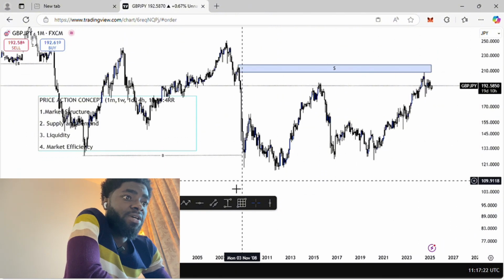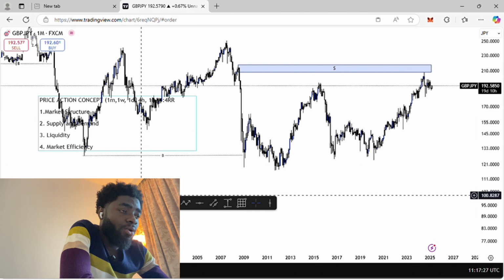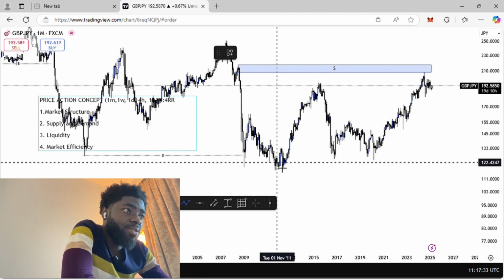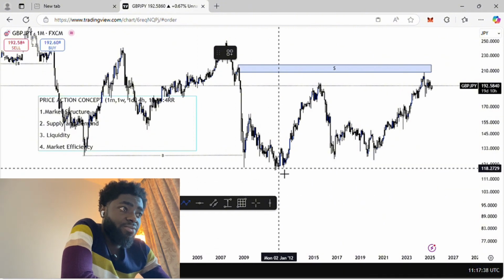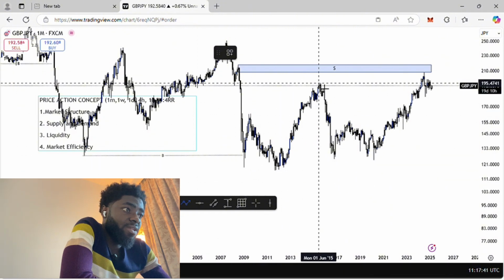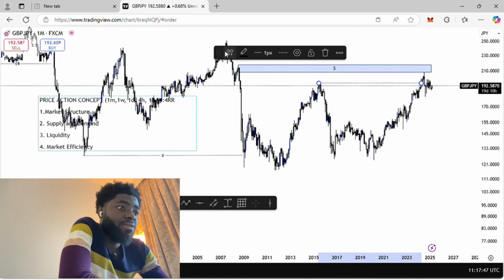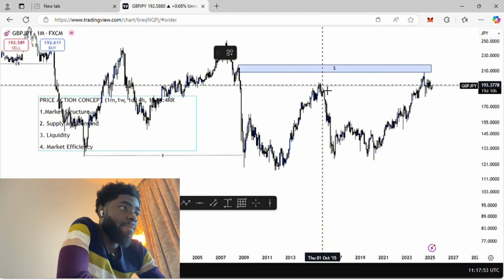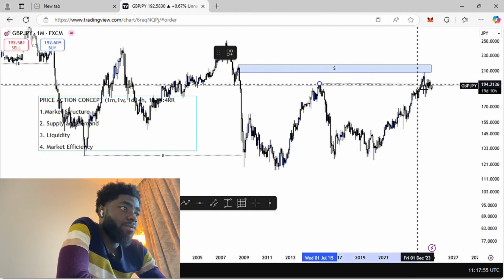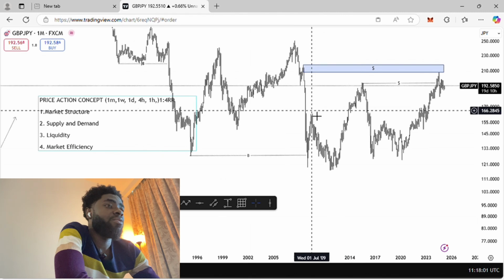Liquidities are mostly the inefficient pullback or retracement, that incomplete retracement. So this can be a liquidity for a setup.